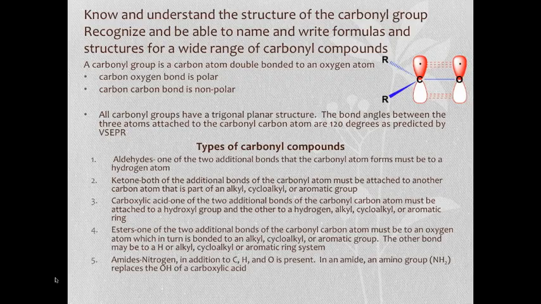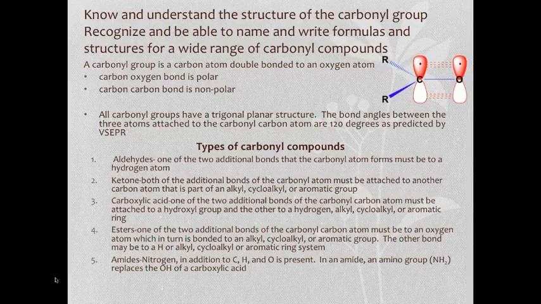We will, in the following videos, talk about specific carbonyl groups. In this video, we'll talk about a generic carbonyl group that consists of a double bonded carbon to an oxygen atom. You see to the right a picture of the sigma and pi bonds that make up that double bond.